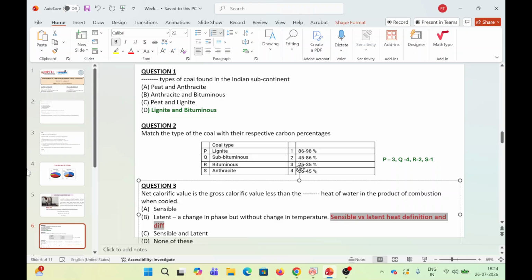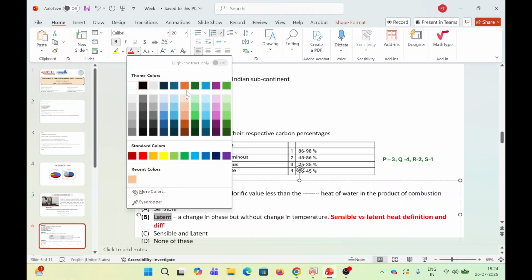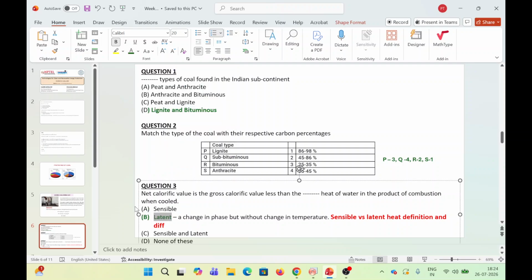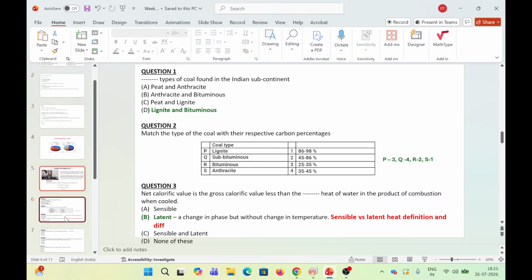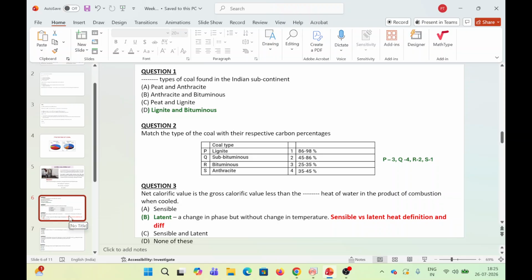However, the answer to this question is latent heat. Net calorific value is gross calorific value minus the latent heat of water in the product of combustion when cooled. The answer is right, but the question is what is the difference between sensible heat and latent heat? Please have a look at it because this is fundamentals.